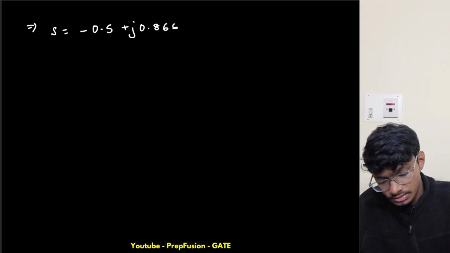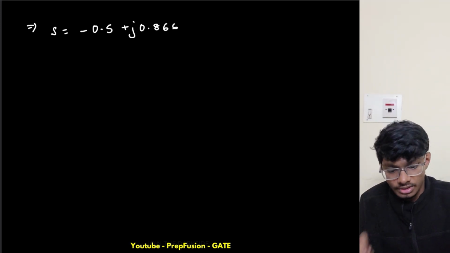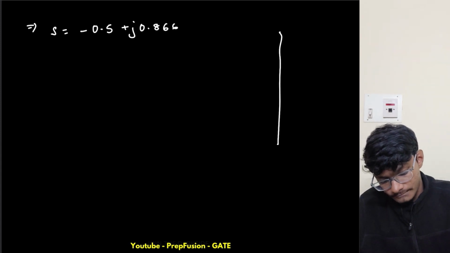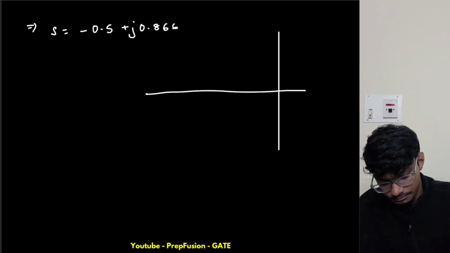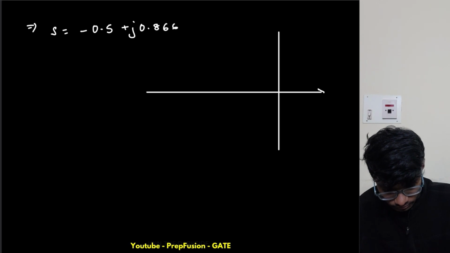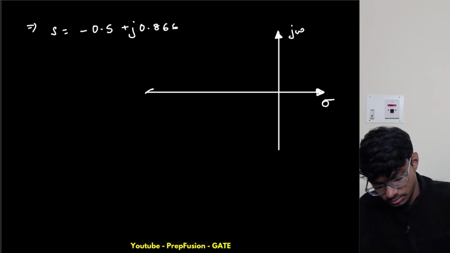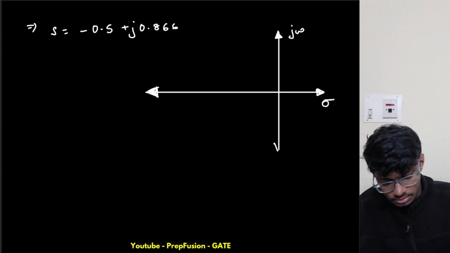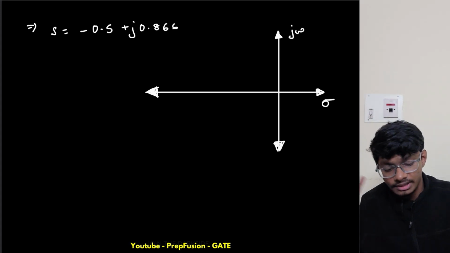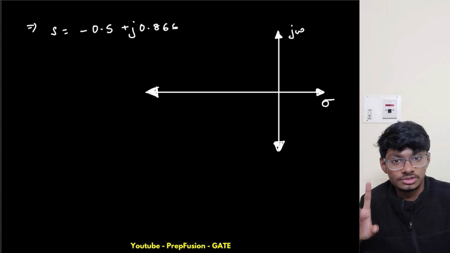Now let's plot it in the sigma j omega plane, the s plane. Where are my other two roots, those symmetrical ones?